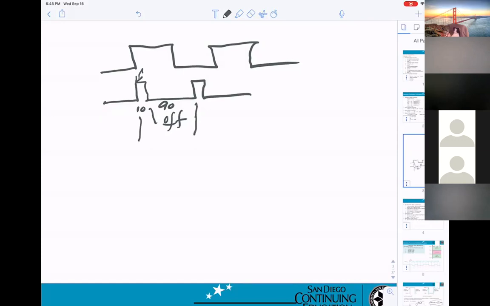Exactly, but that's not one cycle, that's 3 cycles. So within one cycle, if you have 3 peaks, you only care about one. If they give you a signal with different cycles and they want to measure each one, that's a different story.